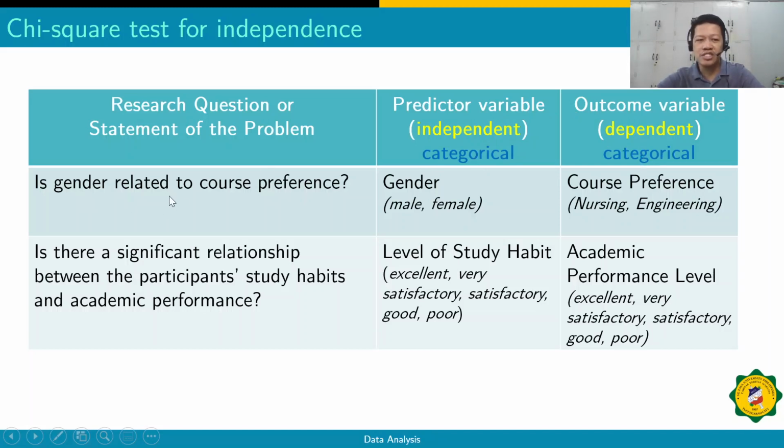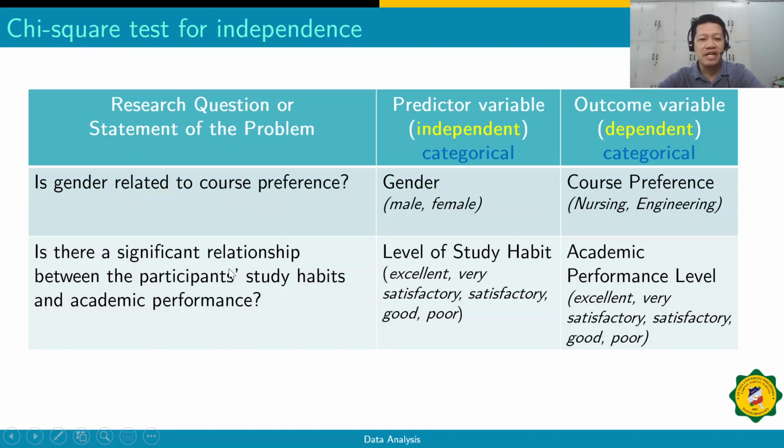So our predictor here is gender. It's categorical, because categorical are the nominal or ordinal. Gender is nominal. We have two groups, male and female. And course preference, let's say for example, in this certain study, we just consider two courses, nursing and engineering. So both variables should be categorical so that you can use chi-square. And this is a test of association or relationship.